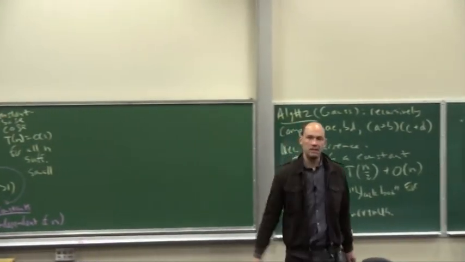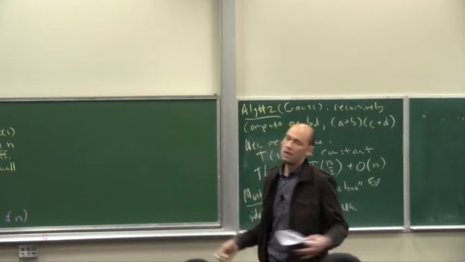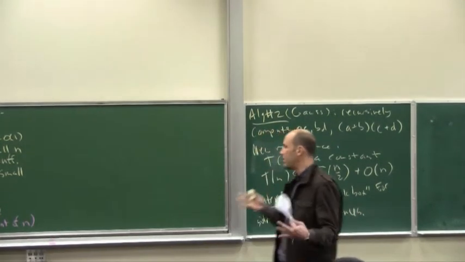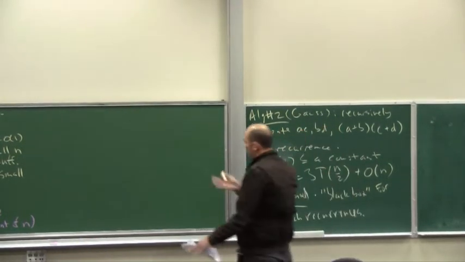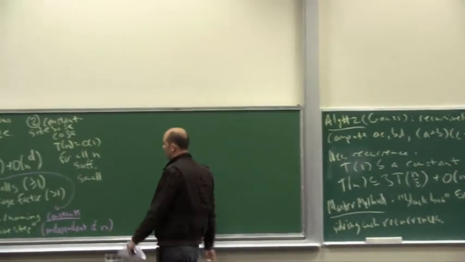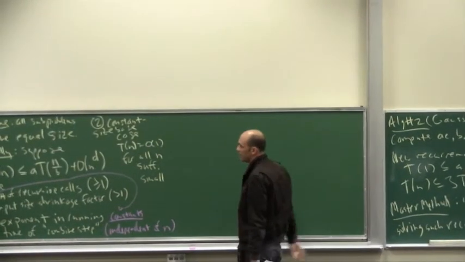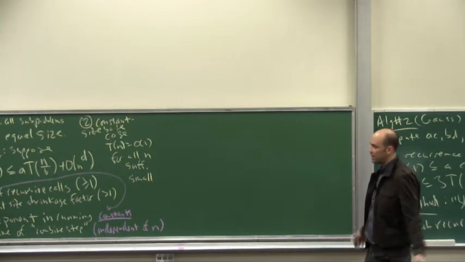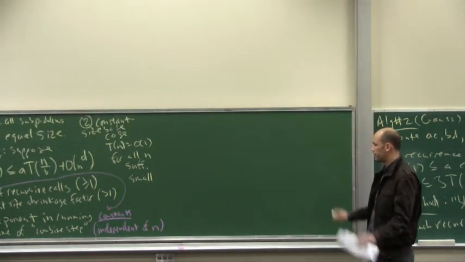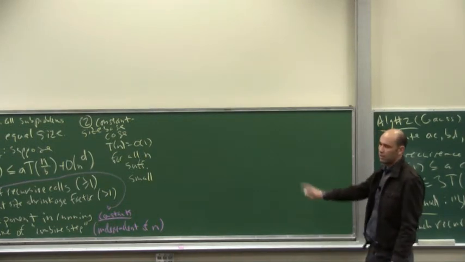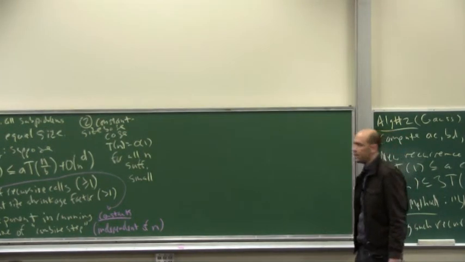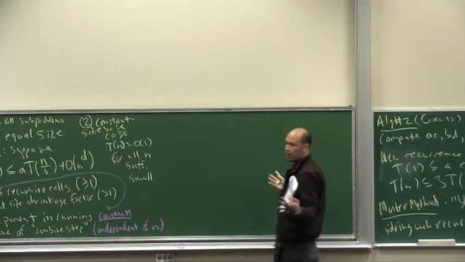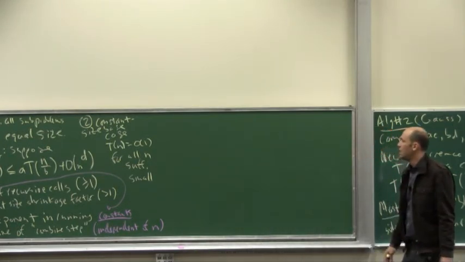Okay, so maybe your base case kicks in when n is 10 or less. That's fine. Okay, so it's not important that it kicks in at 1. Certainly the most common thing you'll ever see is T of 1 equals 1, but again, it just doesn't matter. Okay, so any base case where once the input size gets down to some constant number, say 10 or less, if it takes, say, 20 or less operations, you're good. Okay, that's fine. And this will cover everything we'll ever see in class, in homework, and so on. Okay, so you never have to be worried about whether or not this holds. I could cook up problems where it didn't hold, but I'm not going to do that for you in 161.